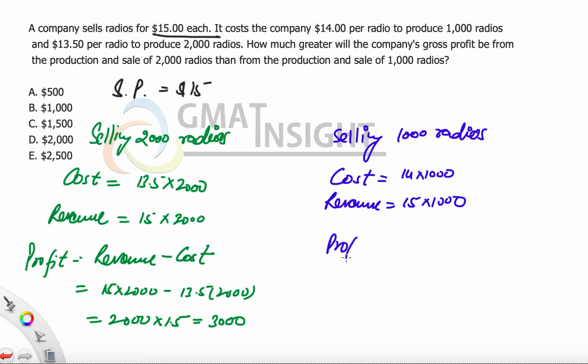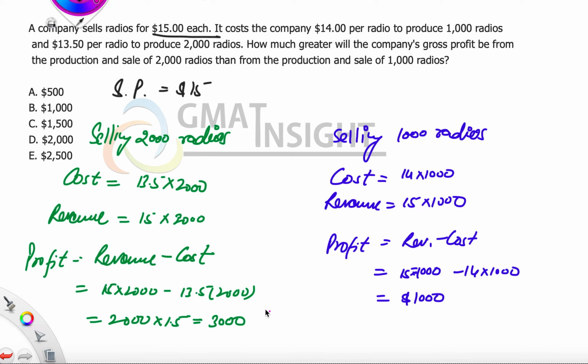So the profit, once again, we have to calculate revenue minus the cost, which is 15 times 1000 minus 14 times 1000. That becomes 1 times 1000. That means $1000.